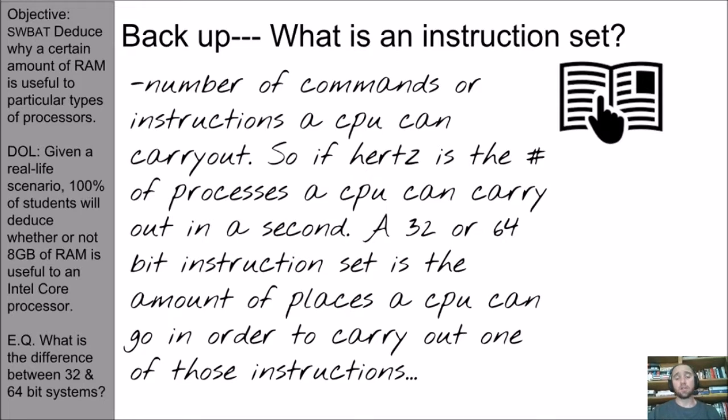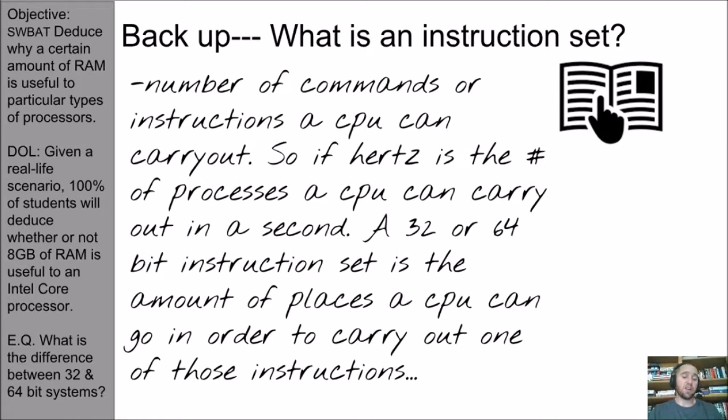So if hertz, remember I said gigahertz earlier, gigahertz would be 1,000,000,000 hertz, is the number of processes a CPU can carry out in a second, a 32 or 64-bit instruction set is the amount of places a CPU can go in order to carry out one of those instructions.